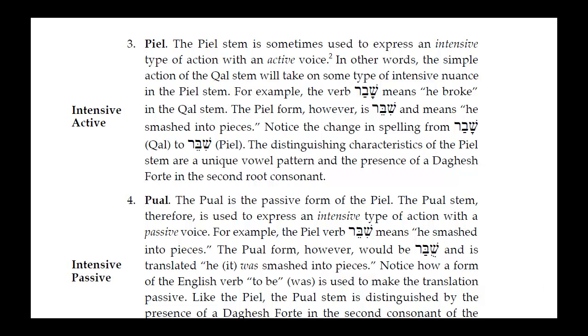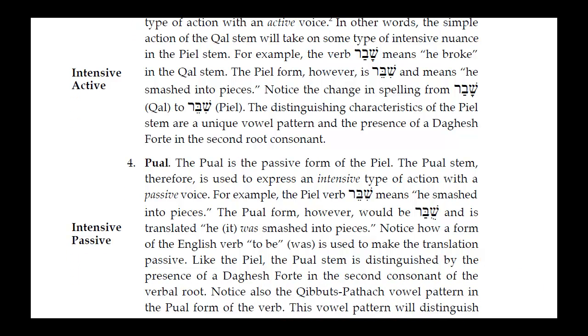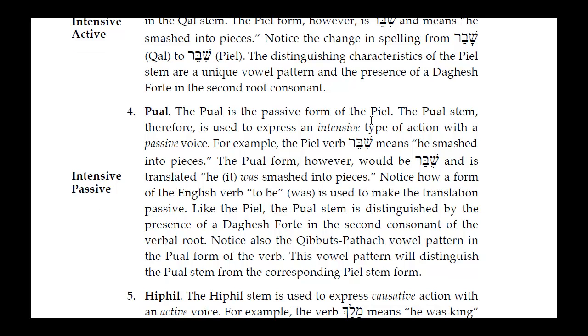When we get down to the Pual, it is the passive form of the Piel. So Piel is intensive, and the Pual stem therefore is used to express an intensive type of action with a passive voice. For example, the Piel verb shiber means he smashed into pieces.